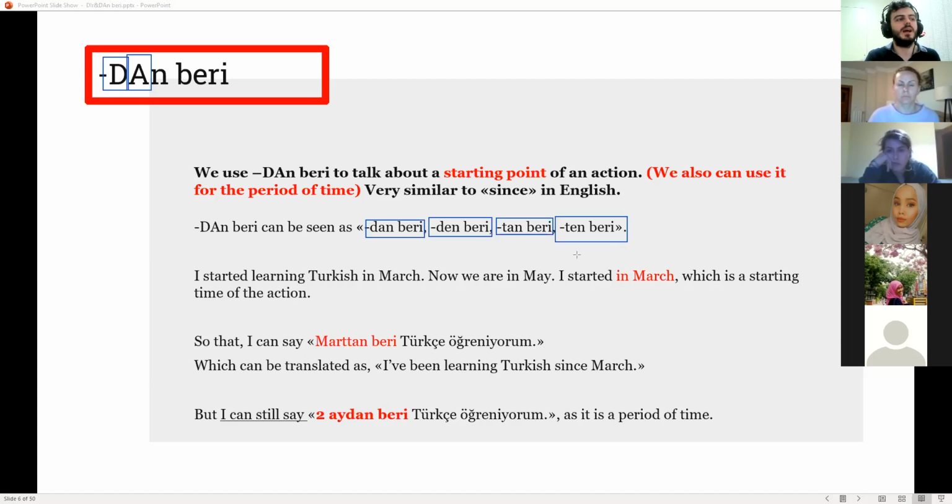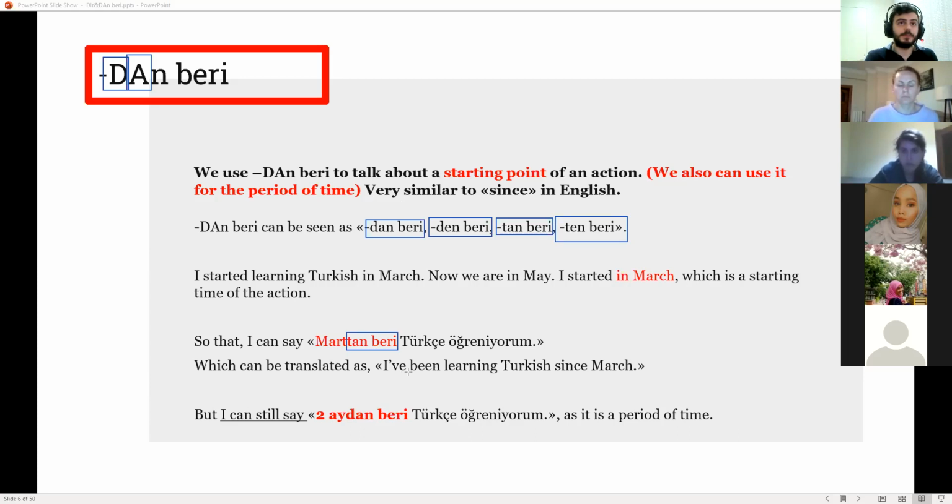So if I want to say I have been learning Turkish since March, then it's going to be a starting point because you started in March. Then you can basically say Mart'tan beri Türkçe öğreniyorum. The first one was a 2 months period, but this one is a starting point. You started in March and it has been 2 months that you have been learning.